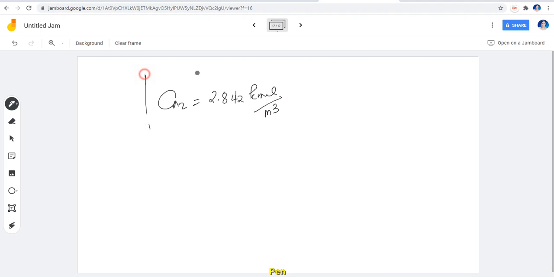So this is the second requirement. The first requirement is we determine the mass transfer coefficient, and the second requirement is we determine the concentration of benzoic acid at the exit of the tower.